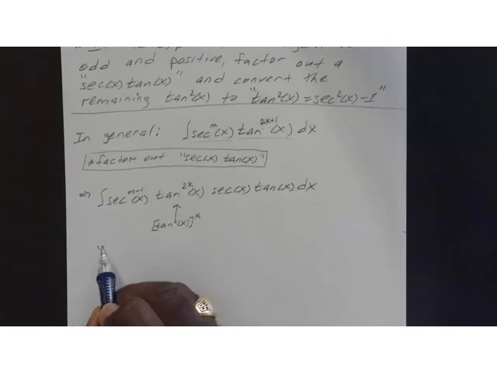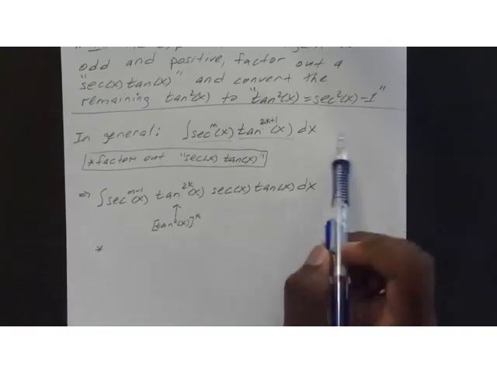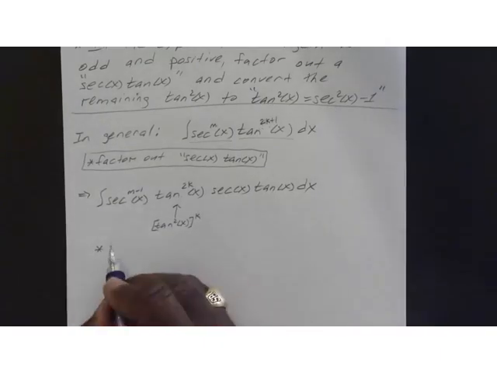Same way we do with secant. So once you get there, now you're just going to replace that tangent squared with secant squared minus 1.